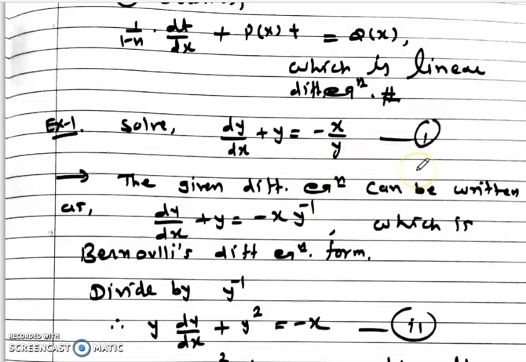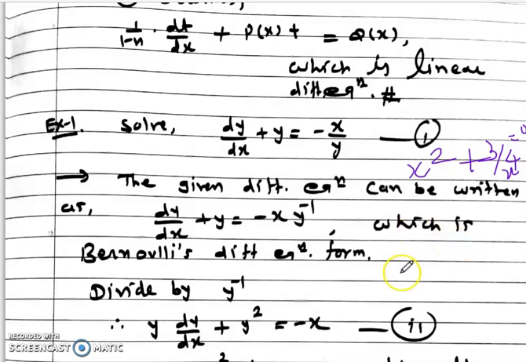For example, if I say x square plus 3 divided by x raised to 4, what can we say about the degree? Can we say that this is a polynomial?